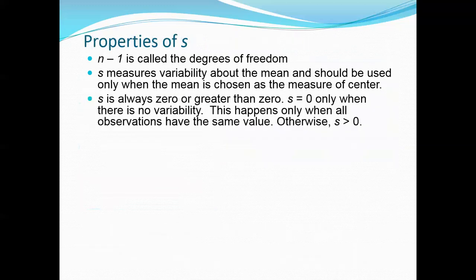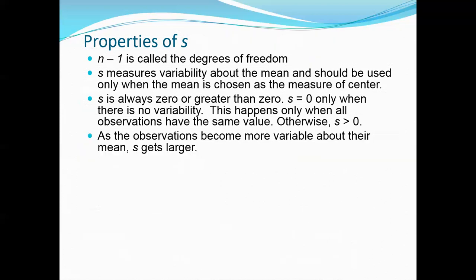S is always 0 or greater than 0. S equals 0 only when there is no variability. This happens only when all observations have the same value. Otherwise, S is greater than 0. As the observations become more variable about their mean, S gets larger.